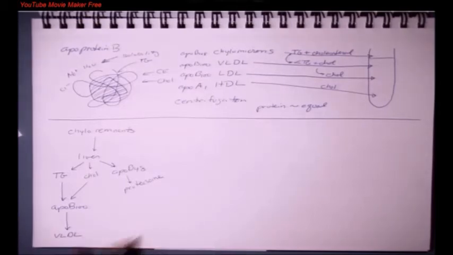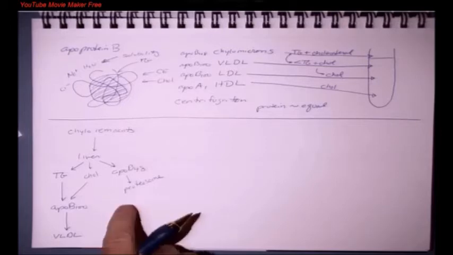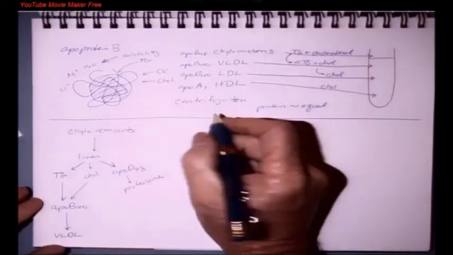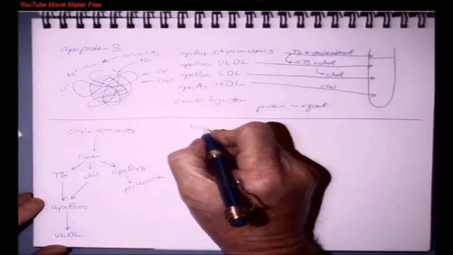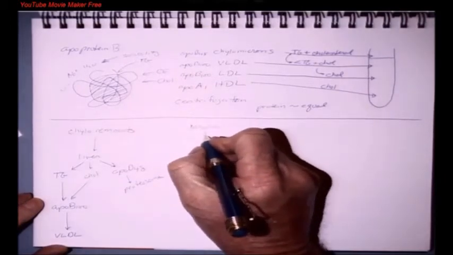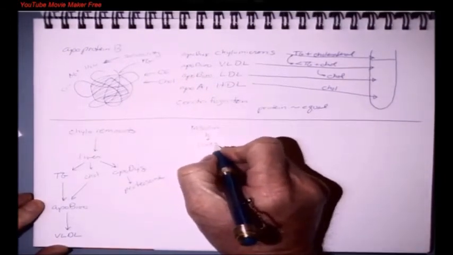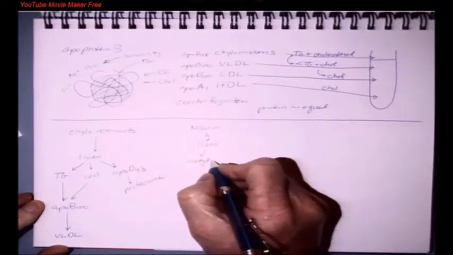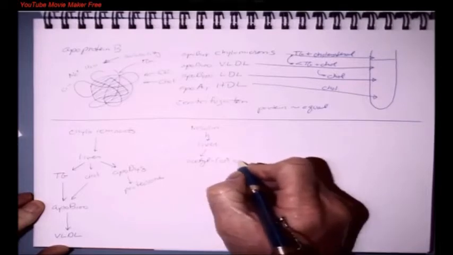Now there's another way to form a VLDL particle. So remember, we're in a postprandial state. We're just after a meal. And so with insulin signaling on the liver, this is going to activate acetyl-CoA carboxylase.